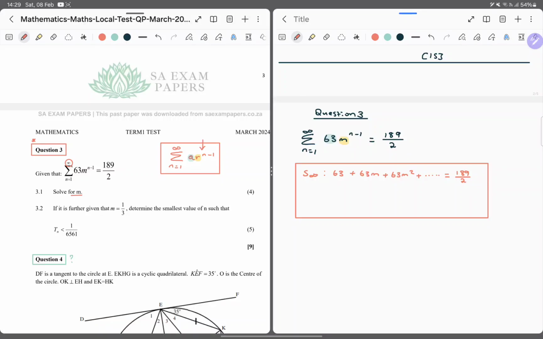So a student who's not so sure what they're looking at, because again, it takes confidence to be comfortable with what you see, would do this and then find out that the common ratio is going to be 63m divided by 63.